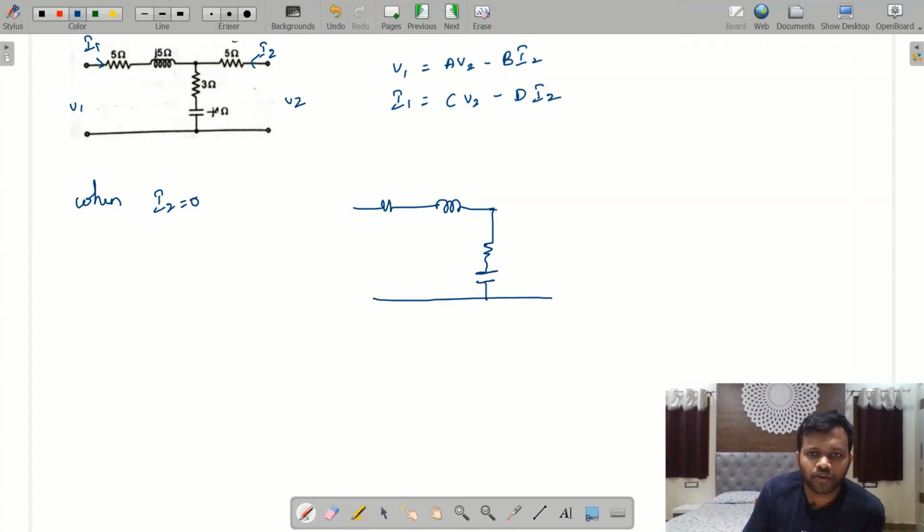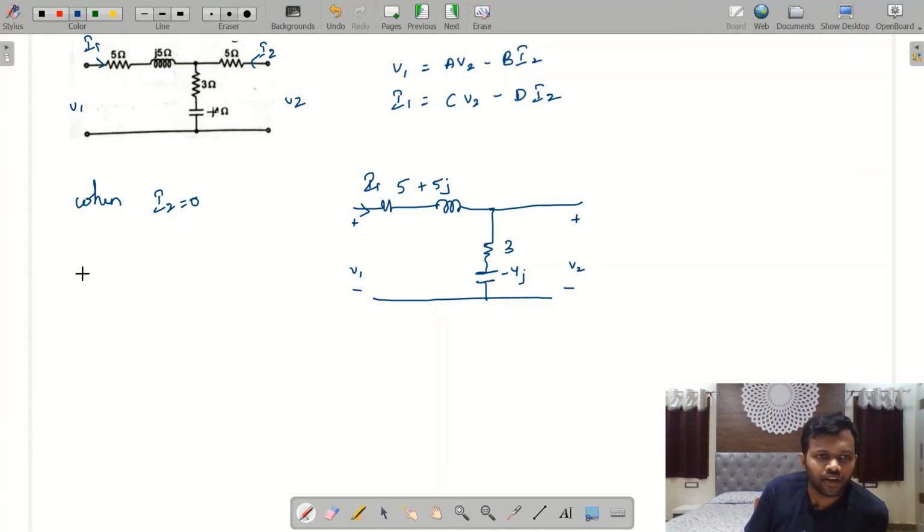This is my circuit. As there will be no current flowing through I2, there will be no drop, so I will consider this as V2, V1, I1, 5 plus 5j, 3 minus 4j.